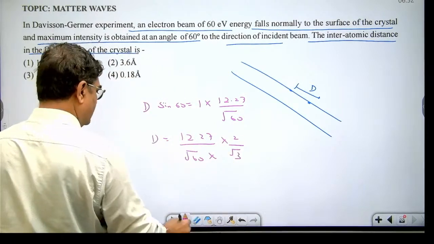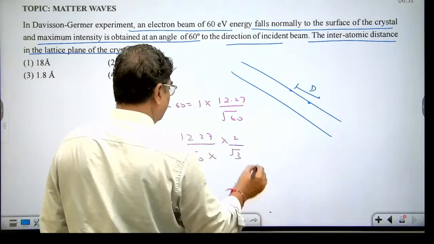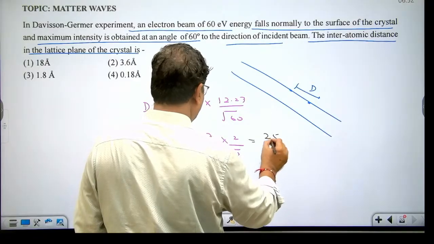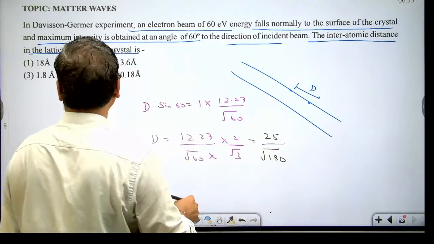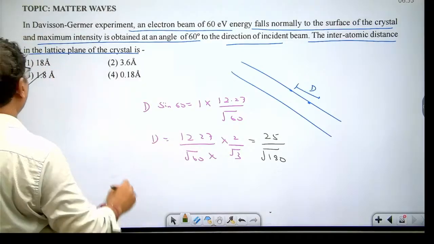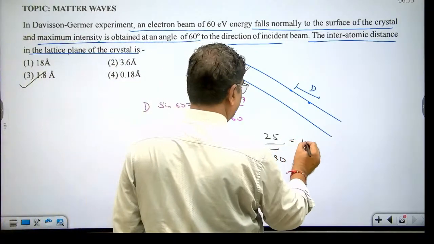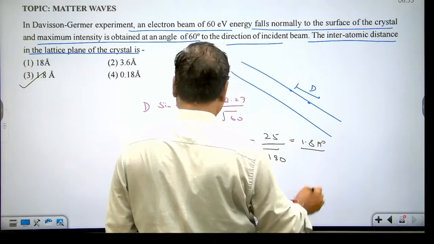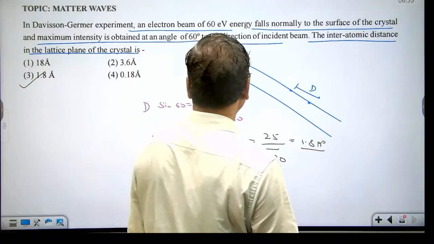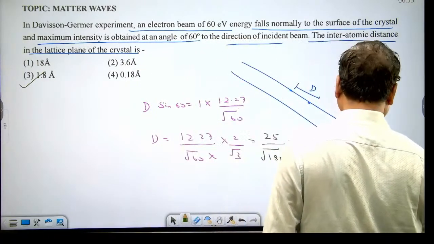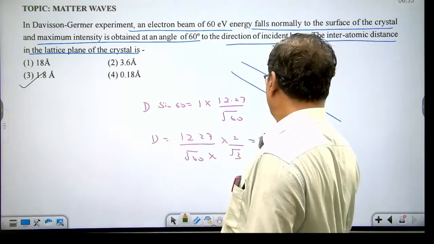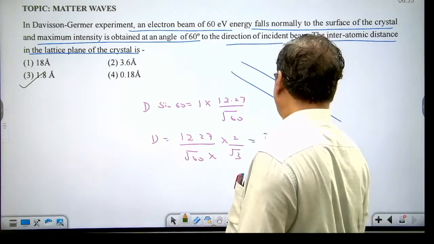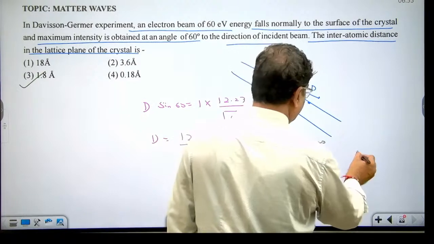The answer is approximately 1.8 angstrom. Lambda remains in angstrom, so d will also come in angstrom. So out of 4 choices, the correct choice is option 3.